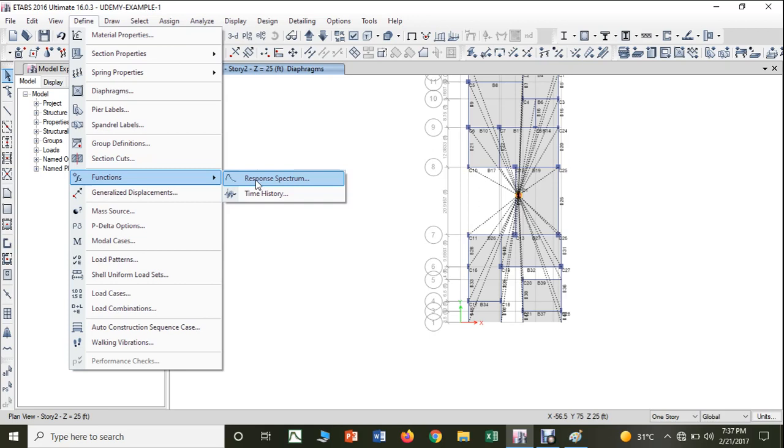For this response spectrum, if I see IS 1893-2002, which is suitable for the earthquake resistant design of structures, there we will have different parameters, what we call the importance factor, soil profile, response reduction factor, seismic zone factor. Like this, there are different factors to be considered.